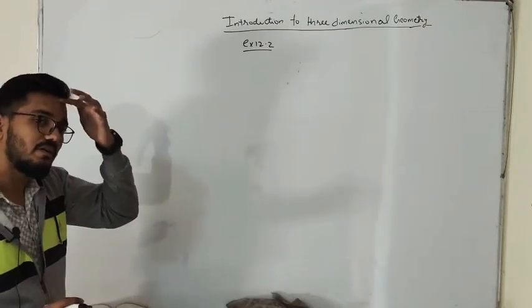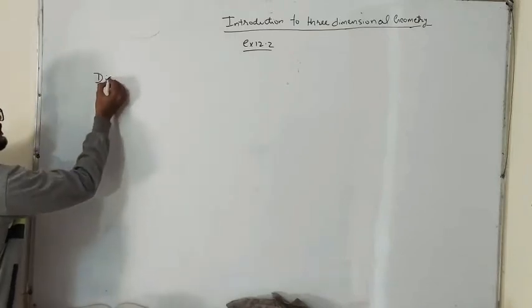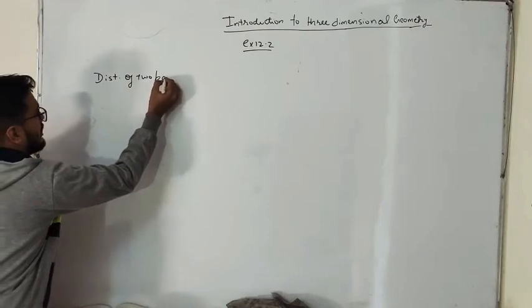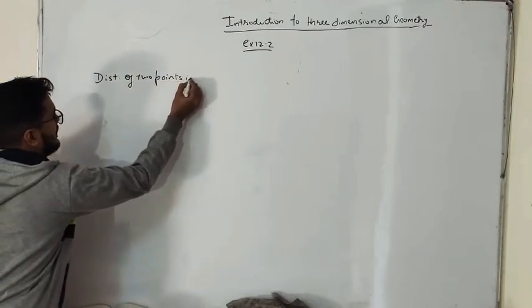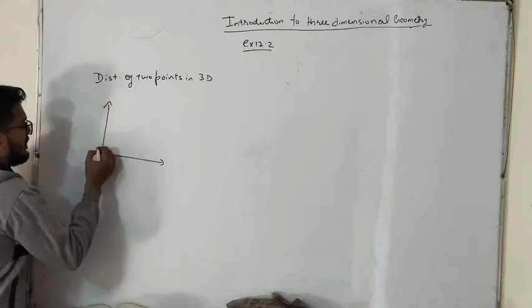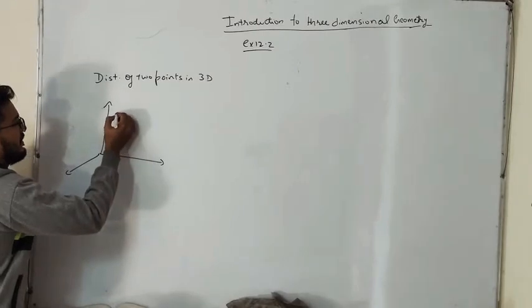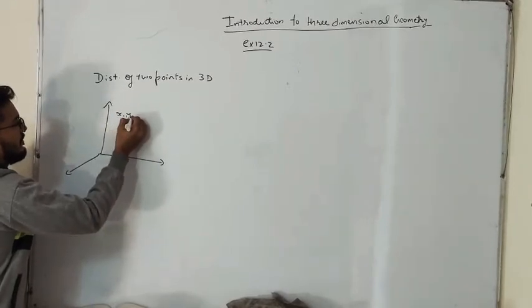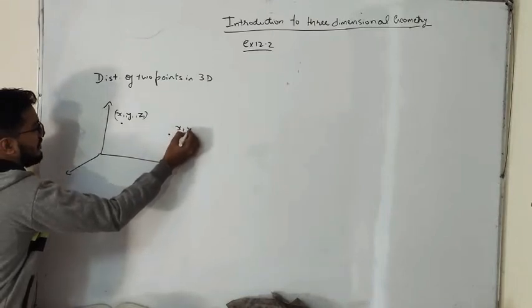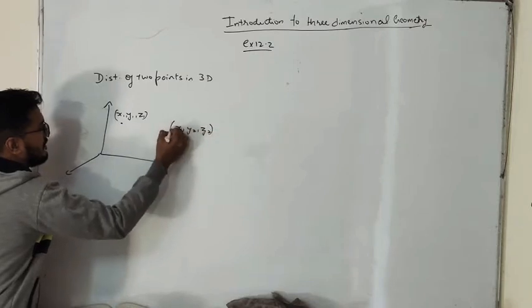So the distance of 2 points in 3D. Let us suppose there are 2 points in 3 dimensions: this one, x1, y1, z1, and this one, x2, y2, z2.